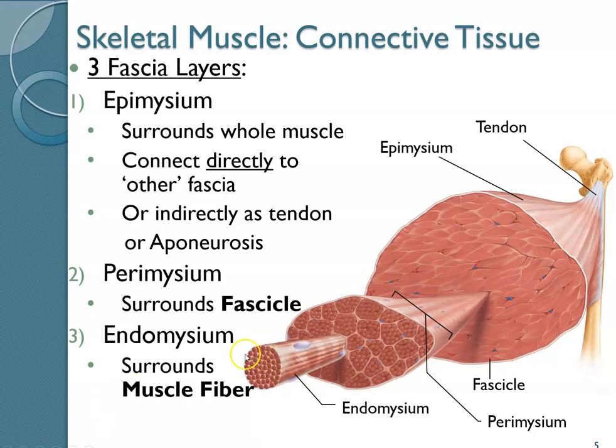So this would be an individual muscle cell, endomysium surrounding it, a few of those muscle cells, a fascicle, and it's going to be perimysium surrounding it, and then epimysium surrounds the whole muscle as an organ. It's similar in the nervous system too. We'll talk about epineurium, perineurium, and endoneurium when it comes to chapter 11, the nervous tissue as well.